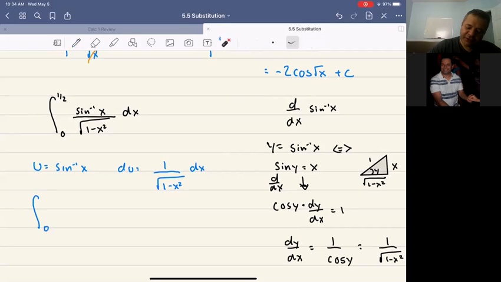Sine inverse of 1/2. When I think about sine inverse specifically, I like to think of it with this picture. Let me make that a little better.